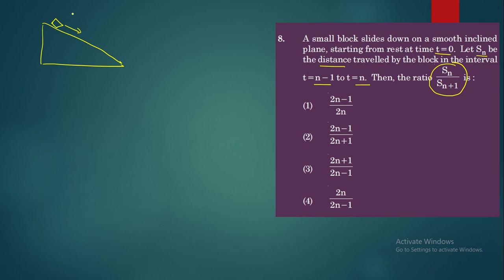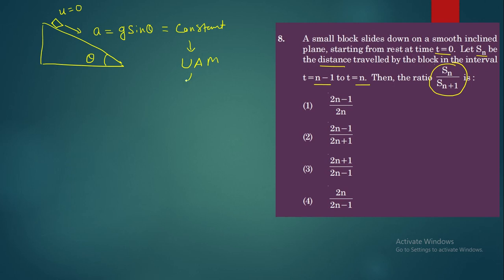When the block is sliding down from rest, the initial speed has to be 0. And the block is sliding down because of gravity. So the acceleration experienced by the block on that particular inclined plane is g sine theta. Why am I writing this? This is not required. I am writing this because this acceleration is constant, and if this acceleration is constant, the motion of this particular block is uniformly accelerated motion.